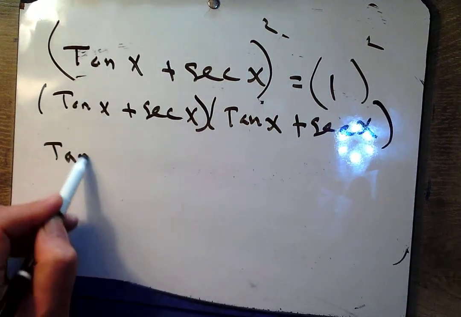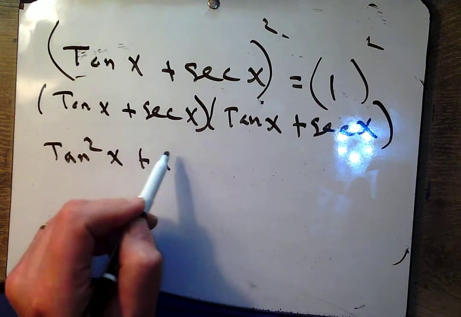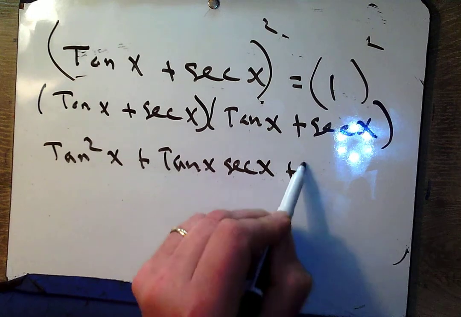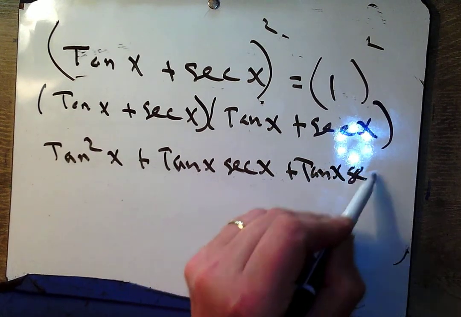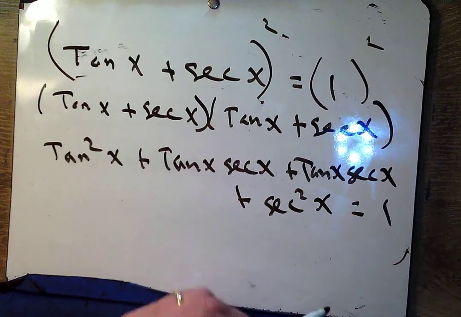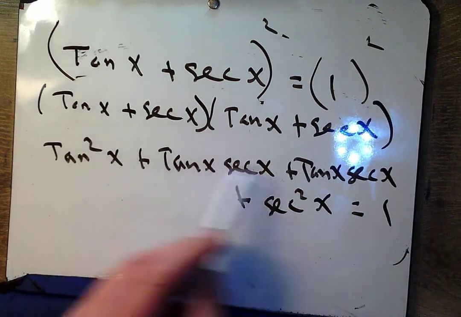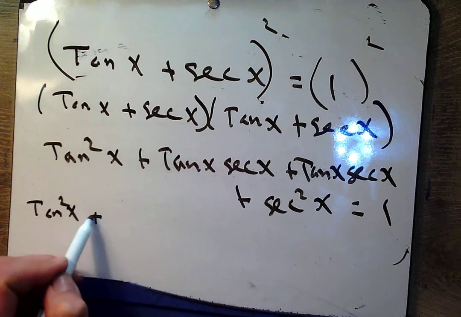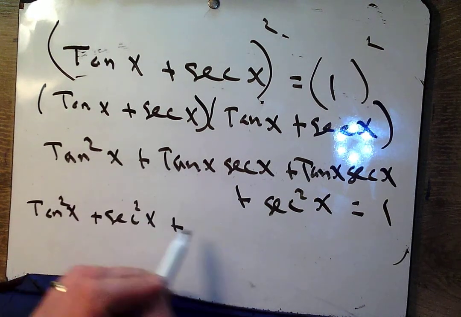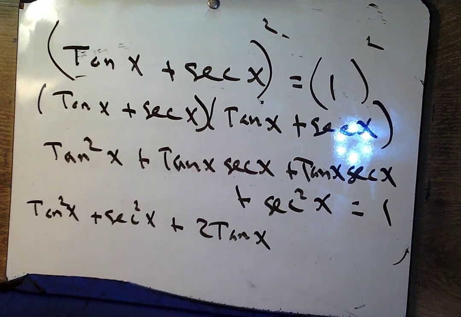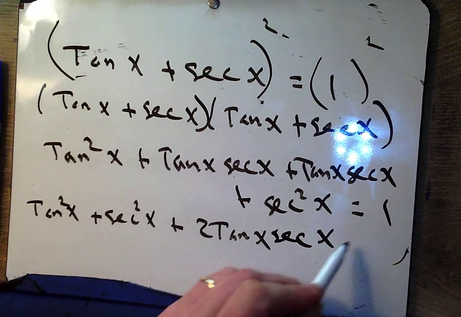So we've got tangent squared x plus tan x secant x plus another tan x secant x plus secant squared x equals 1. Okay, I can do the combining like terms thing. Tangent squared x plus secant squared x plus 2 tan x secant x equals 1.